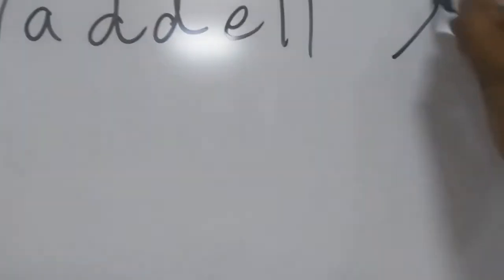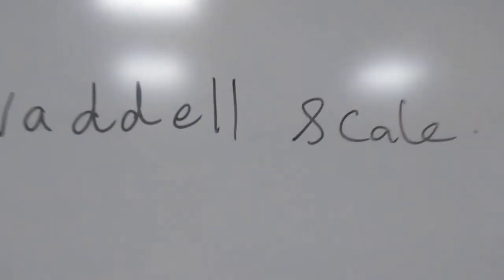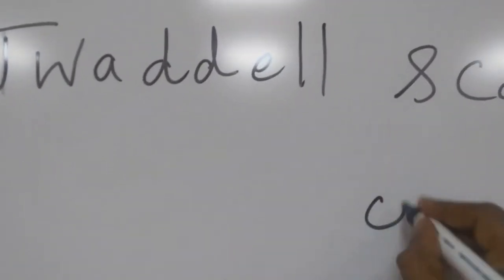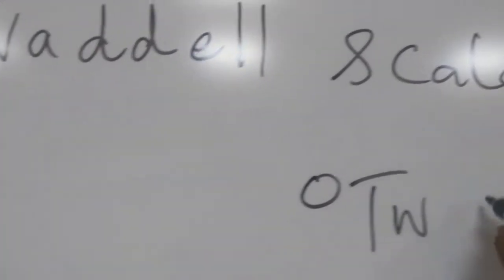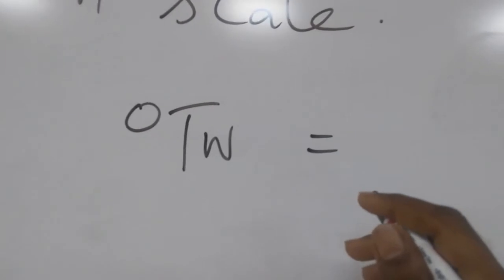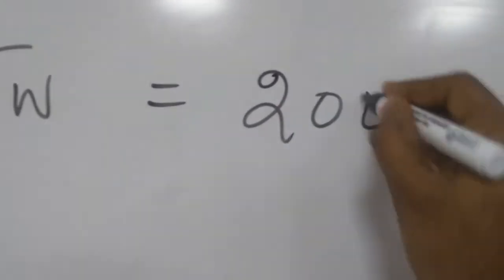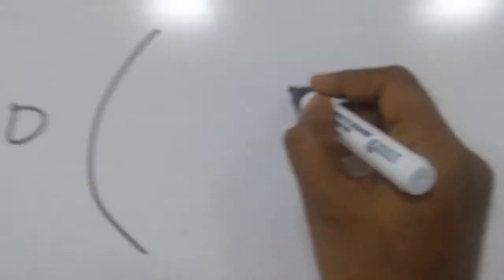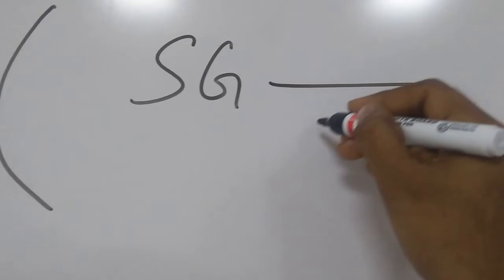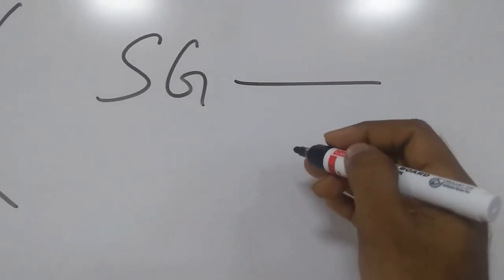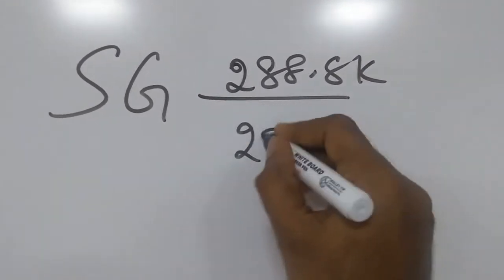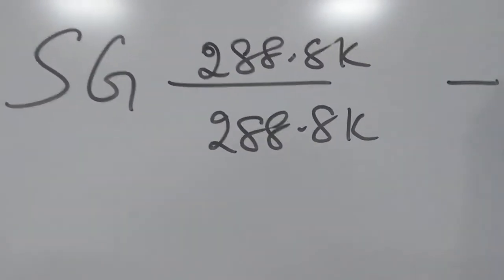Twaddell scale. This Twaddell scale is given by degree Tw, that is degree Twaddell scale, is equal to 200 into specific gravity, which is the ratio of density of the fluid to density of water, both of them measured at 288.8 Kelvin, minus 1.